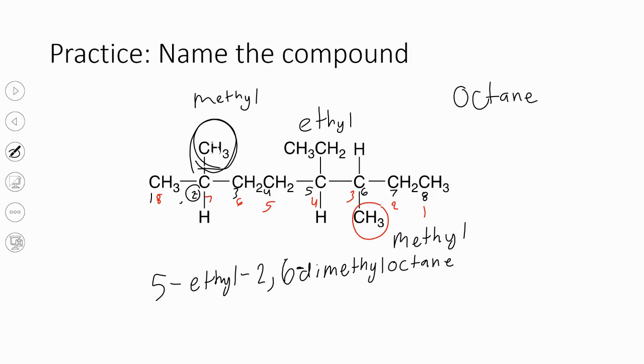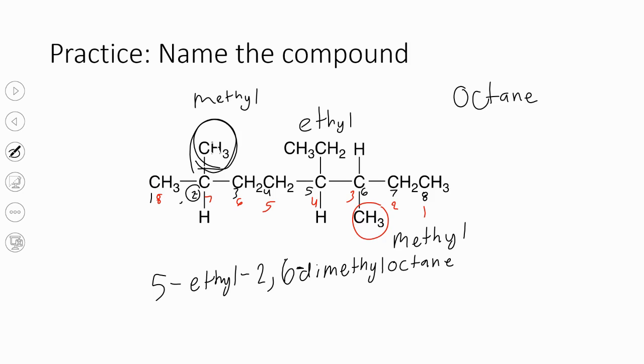We have one at 2, one at 6. I think the parentheses business might be easier. So 6 is separate from the ethyl. Why is there a dash? So the dash goes between, so this is one molecule.